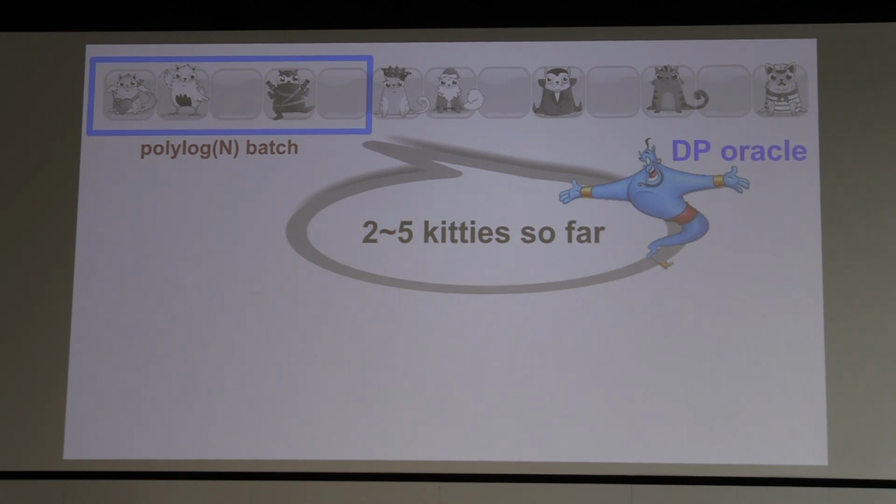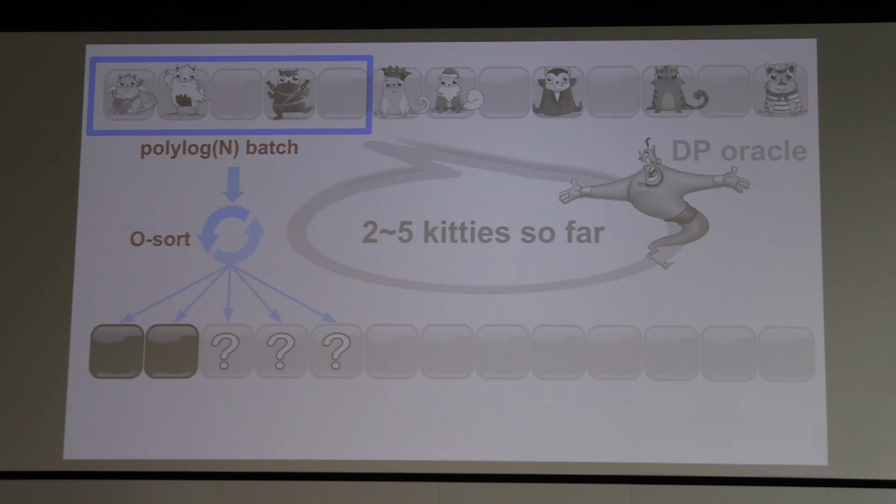I'm going to take this batch, and I will apply oblivious sort to this tiny batch. And I get a sorted array where all the kitties appear in front, and all the empty cells are at the end. So now I take this sorted array, and I truncate it. I take the prefix of length 5, and I write it to the output. Maybe this is a bad example because there are only 5 things in the input.